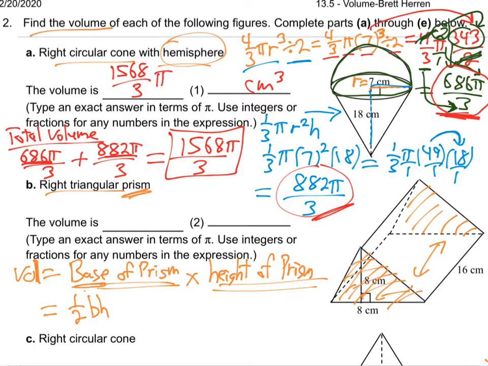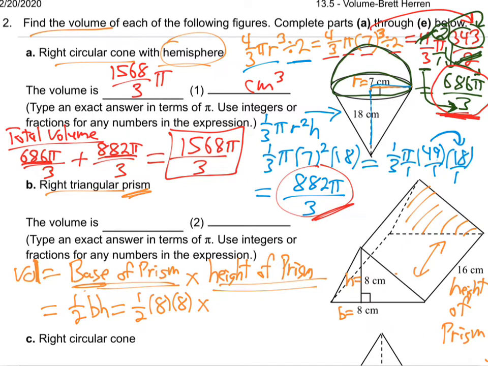So that is a half. This is the little base of the triangle right here. And this is the little height of the triangle, because that comes straight down to the base. 1/2 times 8 times 8 times the height of the prism. What's the height? This is the height of the prism. Again, it's just laying down.